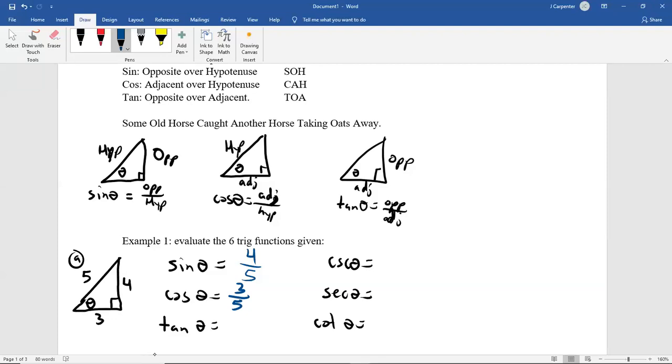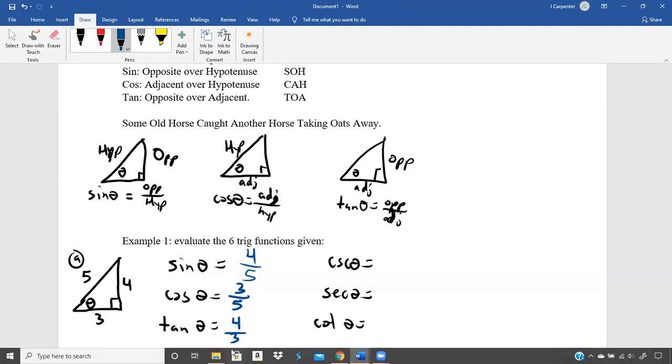So again, here's our angle. Opposite was 4, adjacent was 3. There's nothing insane about this. It's just understanding which one you label opposite, which one you label adjacent, and memorizing a few little details. So opposite 4, adjacent 3. So there are our first three, 4/5, 3/5, and 4/3.